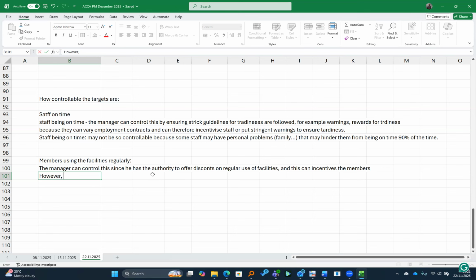even if you give the members maybe discounts and everything, other factors may hinder members from utilizing facilities regularly.